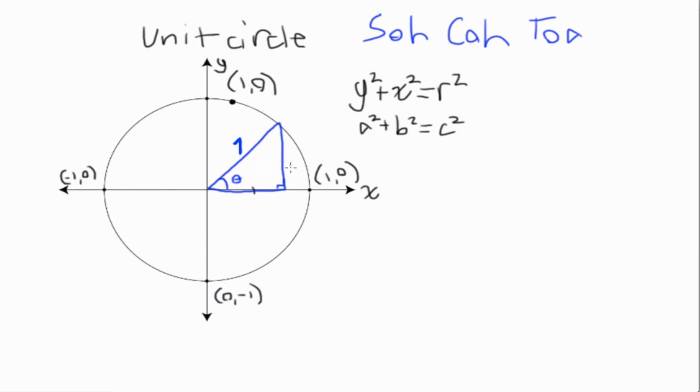So the sine is this opposite, which is our y value, over 1. Alright, so sine theta is equal to y over 1, and that's just equal to y. Our y coordinate. That's equal to this y here.